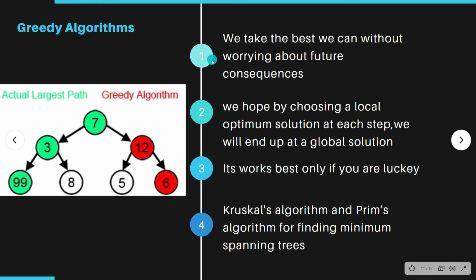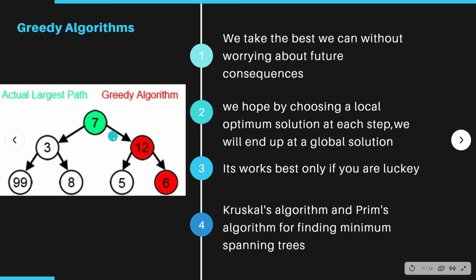Moving on to the next part, that is greedy algorithm. We take the best we can without worrying about the future consequences. So we have a tree in which we compare the data items connected to each data item. There are two data items connected to 7, 3 and 12. So first we select 3.